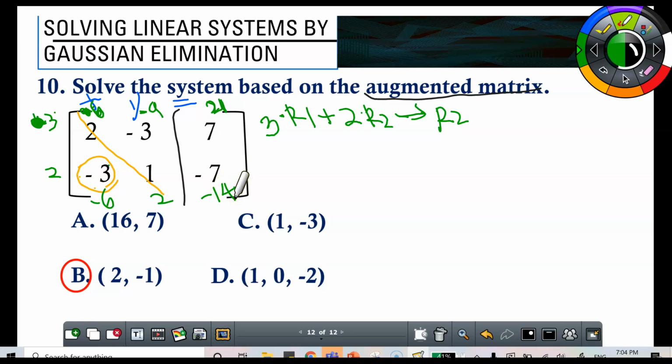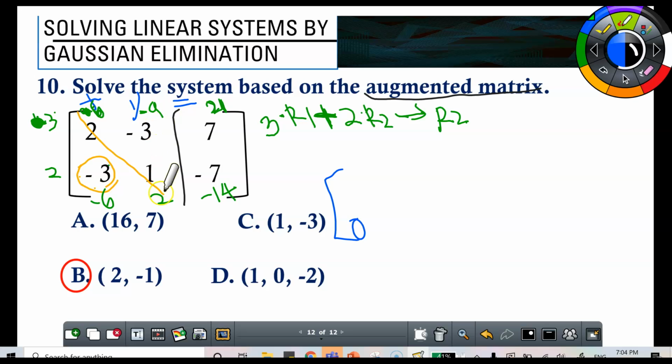And then add up the two new rows and rewrite the second row. So add up the two new rows. 6 plus negative 6 is 0.